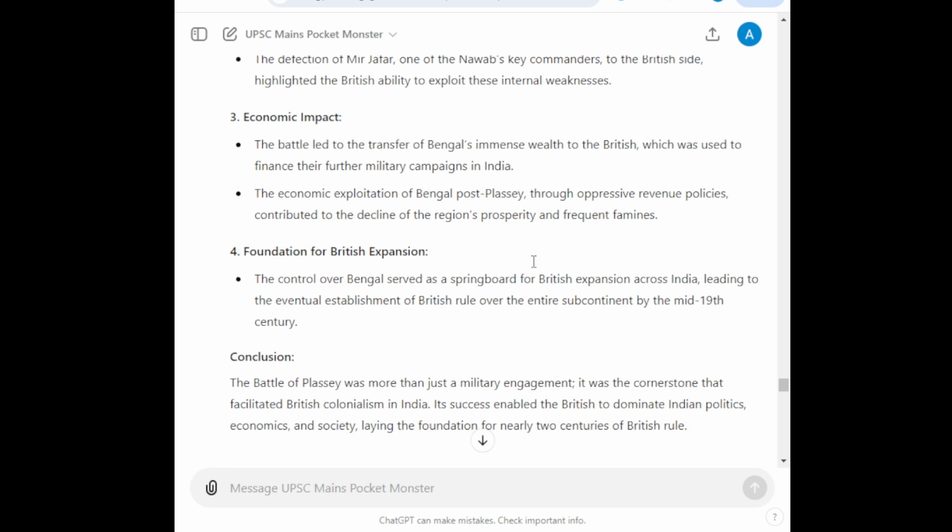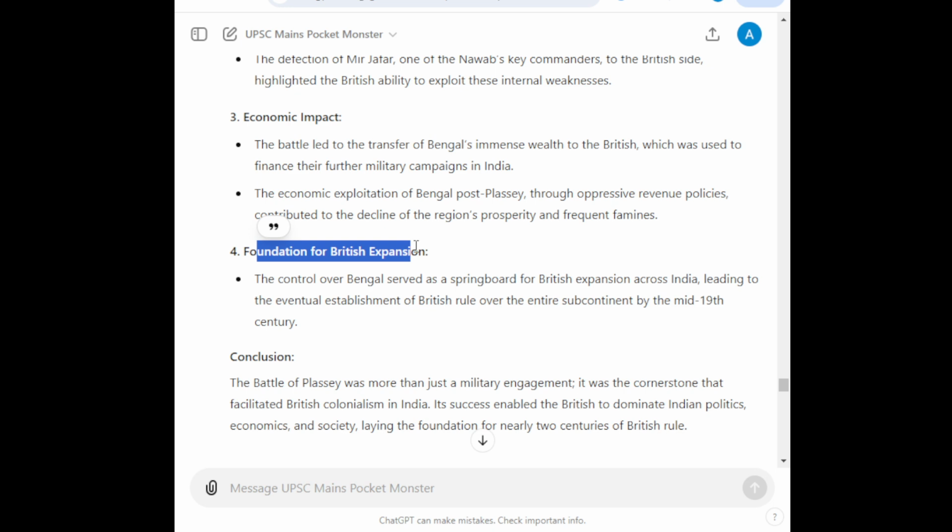Okay, this is an effect. Foundation of British expansion. So there's an economic support that has come from. So basically, after Plassey, the British became a political power in Bengal, secured the Diwani rights from Allahabad, and became an economic power to fund its other campaigns.